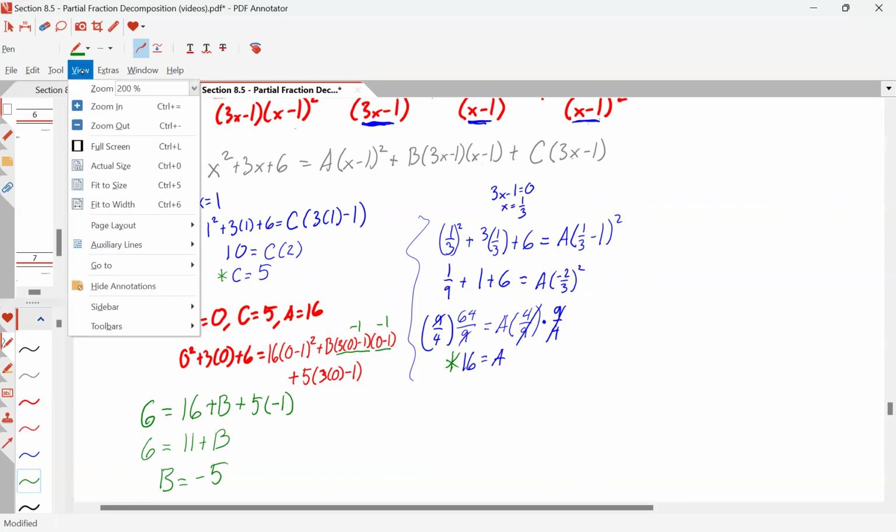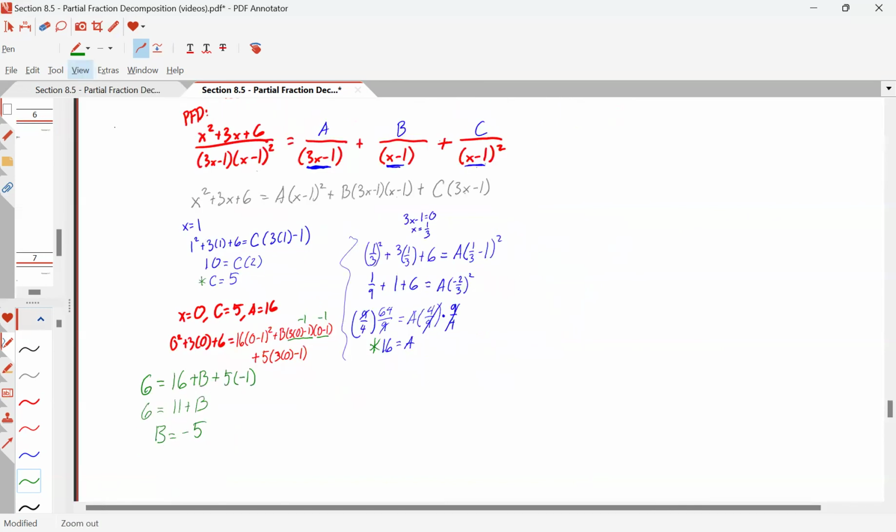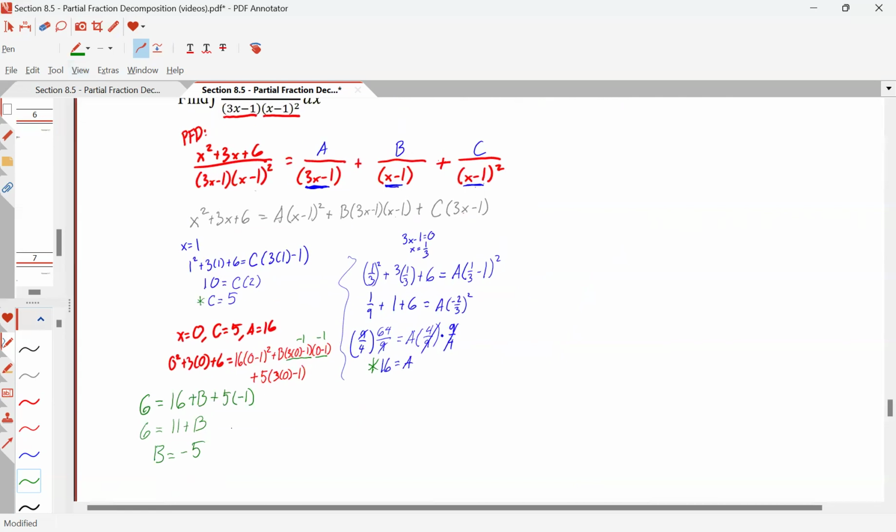But zooming all the way out again, if a equals 16, b equals negative 5, and c equals positive 5, we have our partial fraction decomposition.